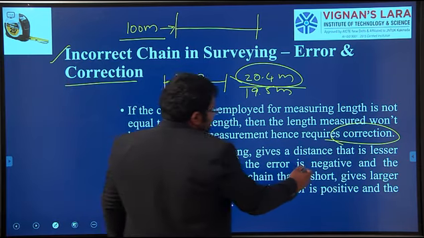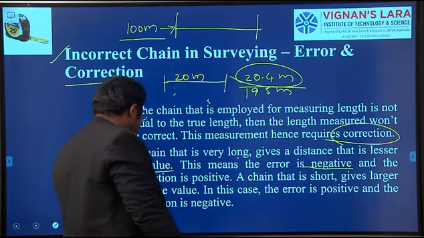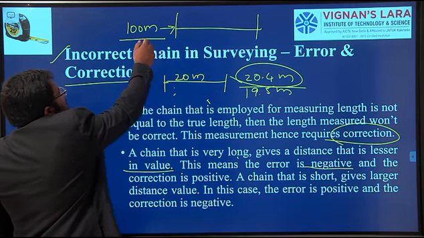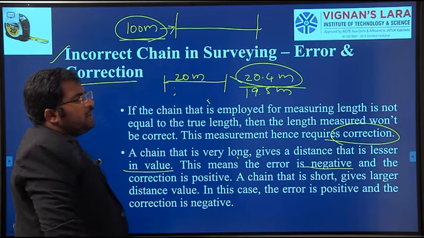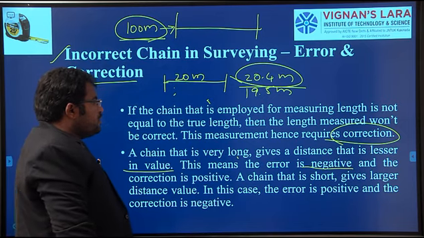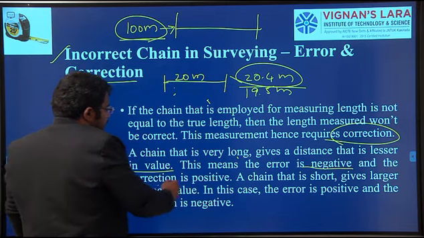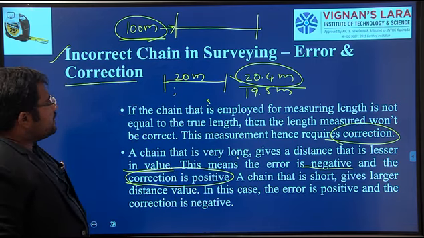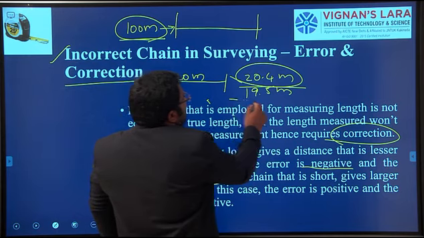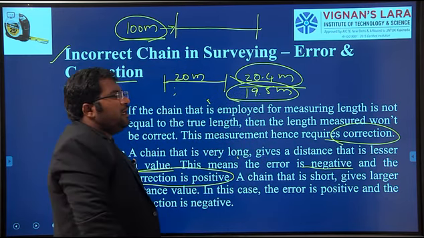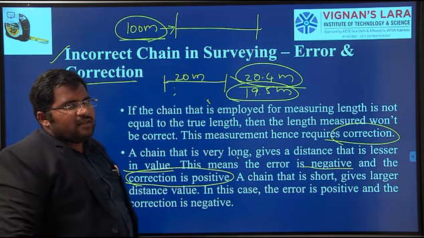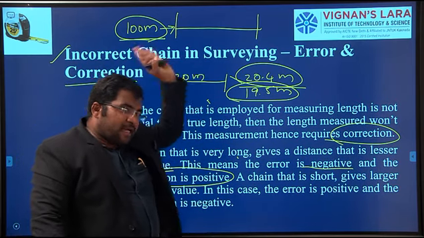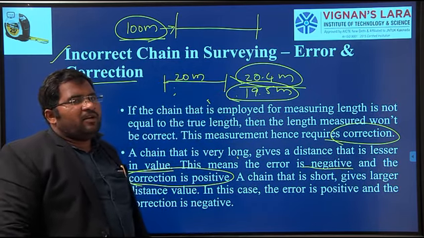I need to add, right? So the correction is positive. I need to add some more distance to arrive at 100 meters. So now the error is negative, I need to add, so take it as a positive correction. Next, the second case. If I take a 19.5 meters chain, I am assuming that it is 20, I don't know whether it is correct or not, but later I found that it is 19.5 meters.